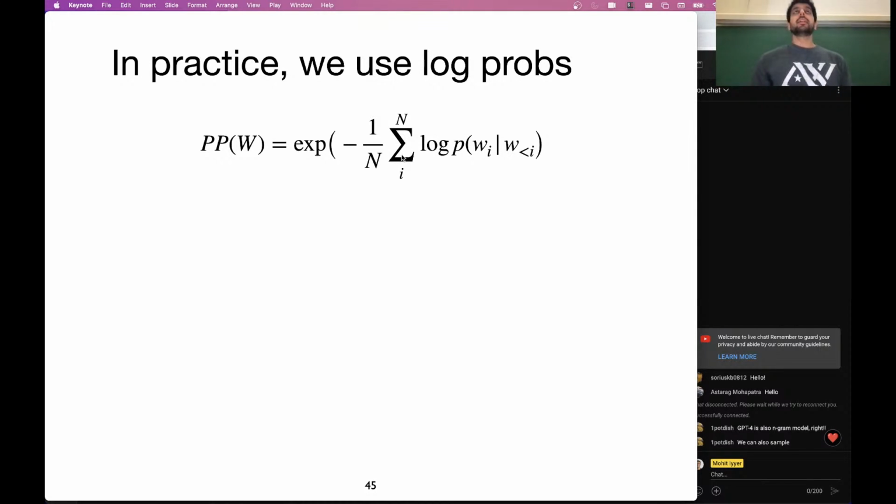We're summing these log probabilities over the entire sequence, because when we are using logs, we're summing instead of multiplying the raw probabilities. And then we're normalizing by the number of words in the sequence. So we're getting the average token-level probability of the next word under the language model. And perplexity just exponentiates this negative log likelihood.